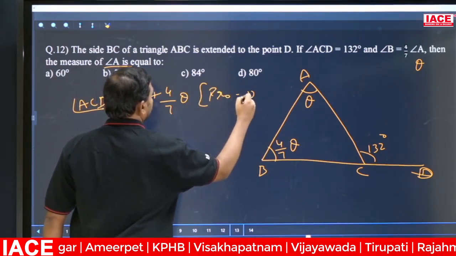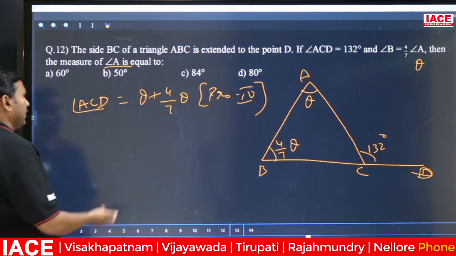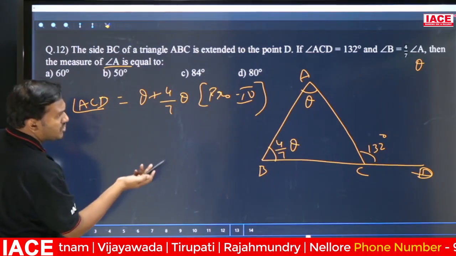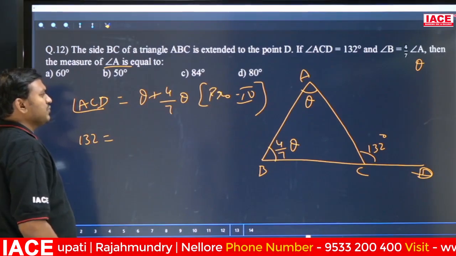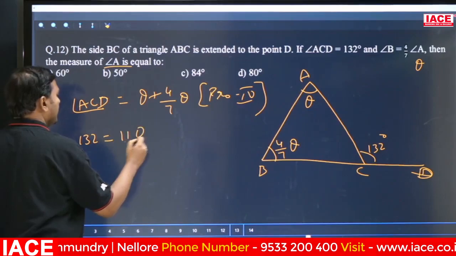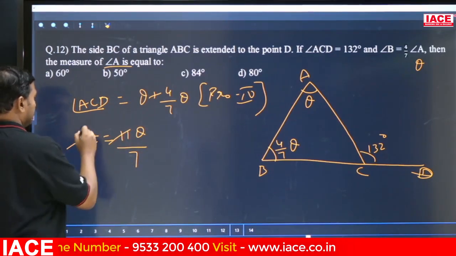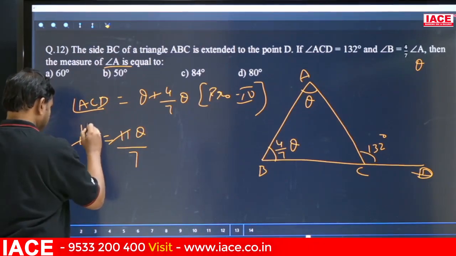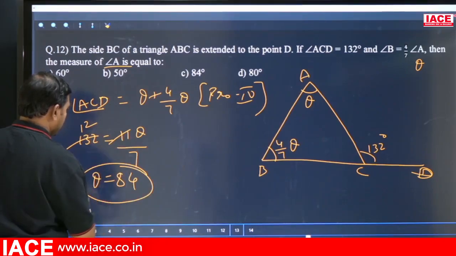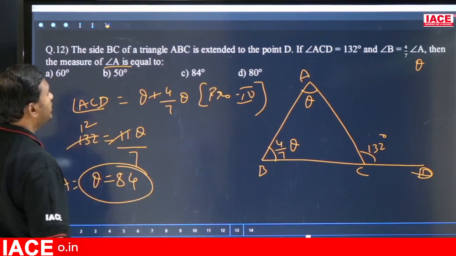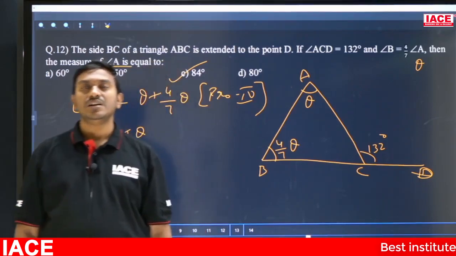We have to find ACD, which is 132, equal to 7 plus 4, 11. 11 theta by 7. So theta equal to 12 sevens, 84 degrees. That is A equal to 84 degrees. So option C is the right answer.